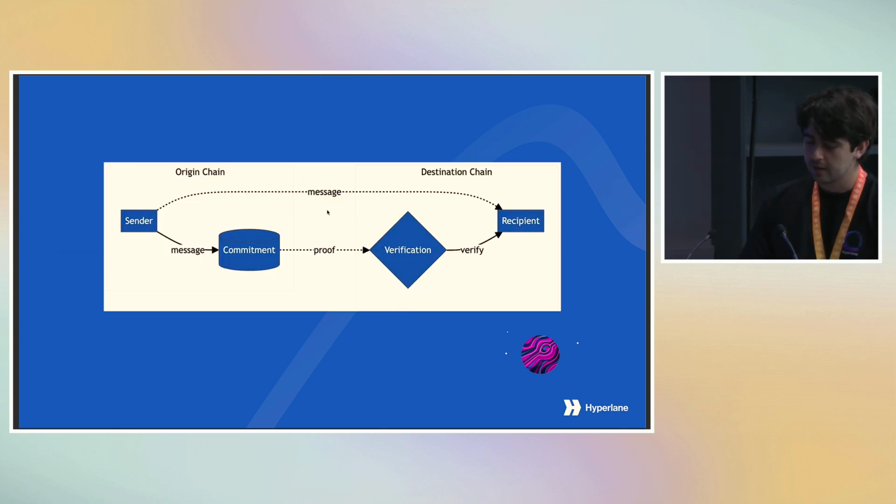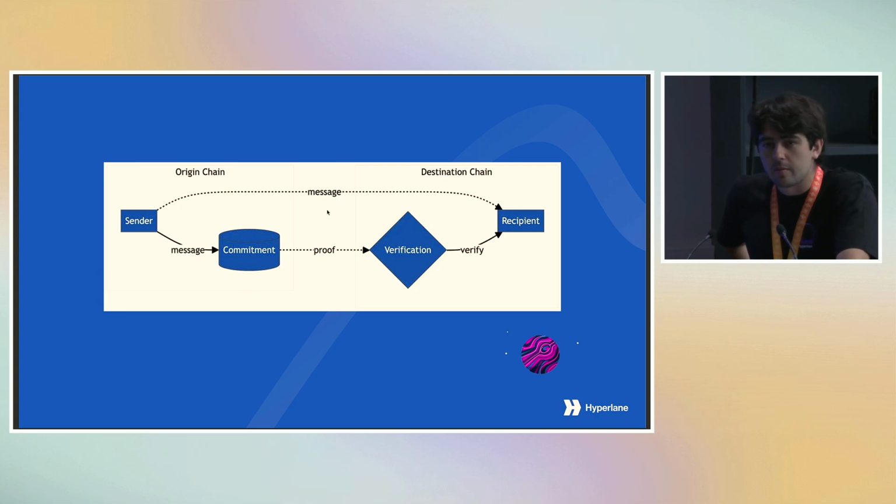So more specifically, this is what the architecture looks like. On the origin chain, we have a sending contract. You would encode whatever message you want. At its core, it's really just bytes over the wire between these two different chains. And you can build abstractions, applications, bridges on top of it, whatever you want.